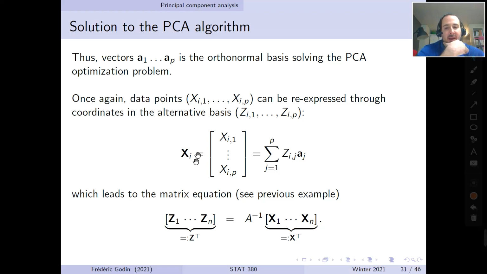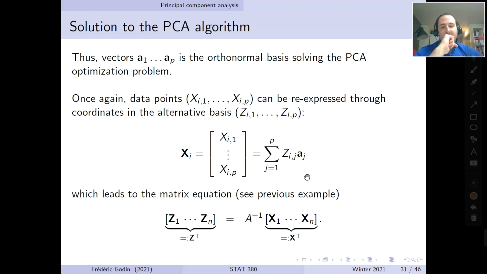Well, we have that xi here, the vector of all predictors. Here I'm using a column vector. So in the introduction, this was a row vector, but now we're going to use a column vector for this purpose. So xi1 until xip, the ith data point, must be represented as a linear combination of each basis vector aj's, and here the zij's are basically the coordinate for the ith observation in the data in terms of the jth axis.